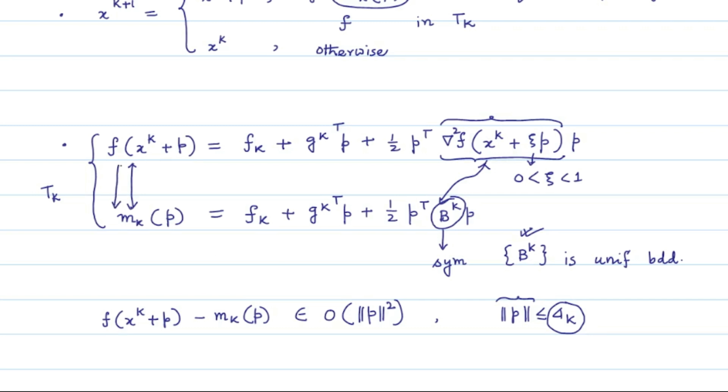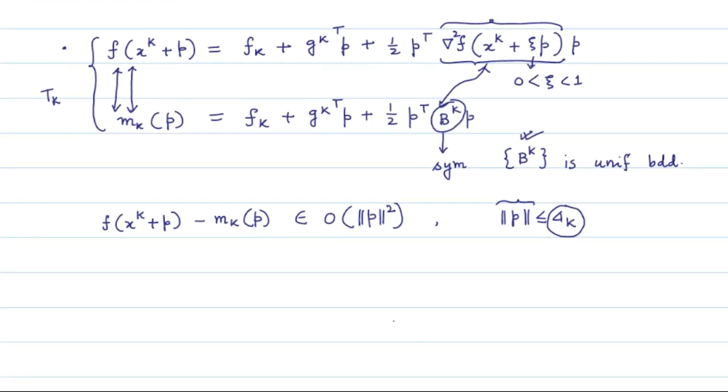But we notice that if mk can act as a good model function inside a smaller region, we may wish to continue the same model function for a bigger region, because in a bigger region, if the same model function can act as a good approximation, then the step pk can be chosen outside the earlier trust region, so that we have a chance of getting a bigger step length, and once we have a bigger step length, we have a good chance of reaching the optimum solution in a smaller amount of time.